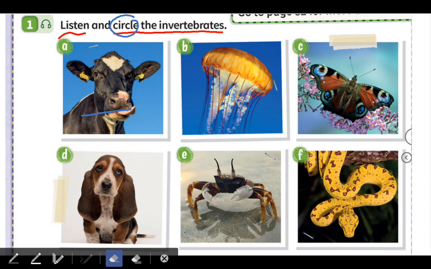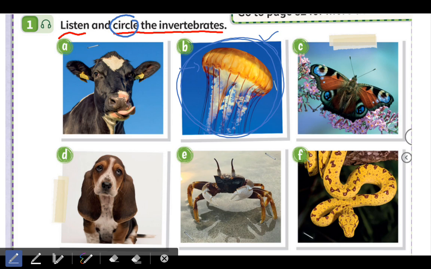It has got a backbone. Look at this. Is this jellyfish a vertebrate or an invertebrate? Excellent, it's invertebrate, so we have to circle it. Right? So if you have it, okay, please tick it.